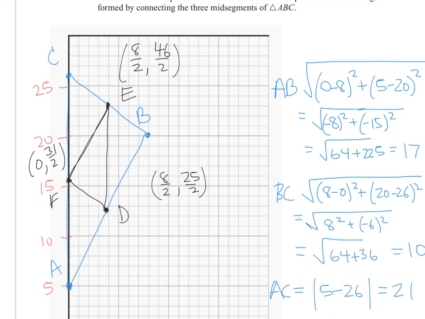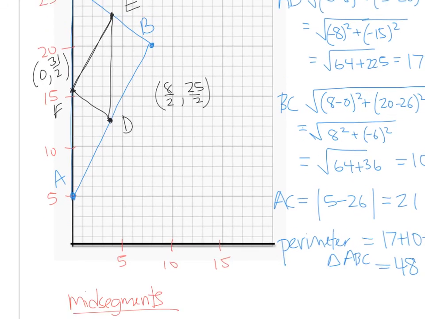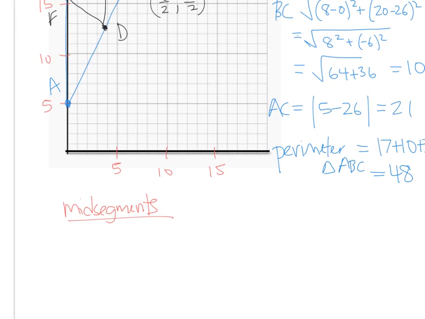And then to find the perimeter of that, we know that each of those are 1/2. So if I want to find the length of DE, it's going to be 1/2 AC.